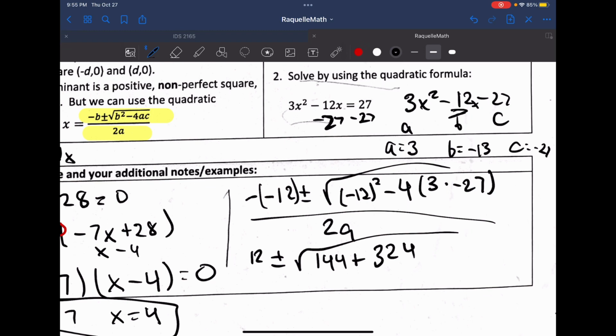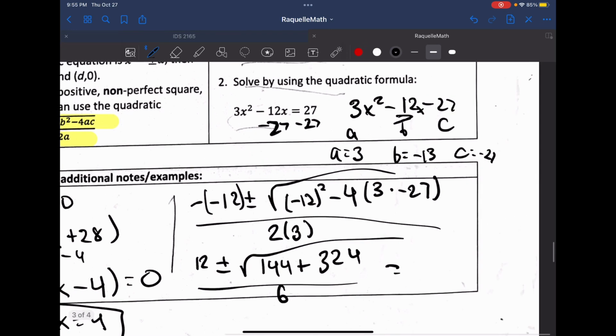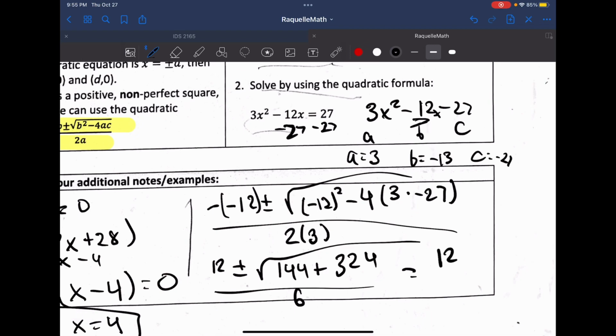So that plus 144 is 468. Oh, divided by, no, dang it, sorry, 2a. A is 3 in this case, so divided by 6. So simplifying more, we get 12 plus or minus the square root of 468, divided by 6.